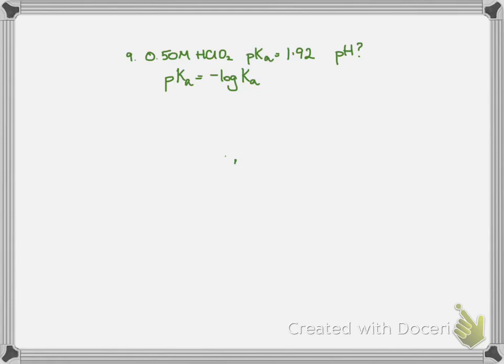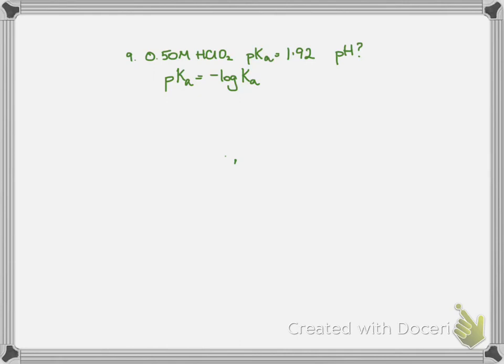Minus log, that's the P part. pKa is minus log Ka, and pH is minus the log of H concentration. So if we were going to work out that, we would do minus the log of Ka. But we know pKa, so we have to do the reverse.